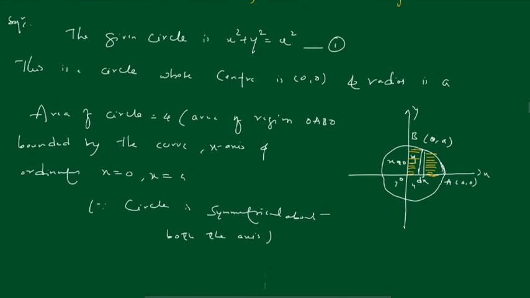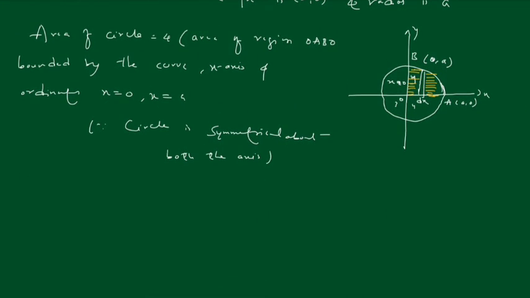Now what we get is 4 times the integration from 0 to a of y dx, taking a vertical strip. For a vertical strip we have it with respect to dx.